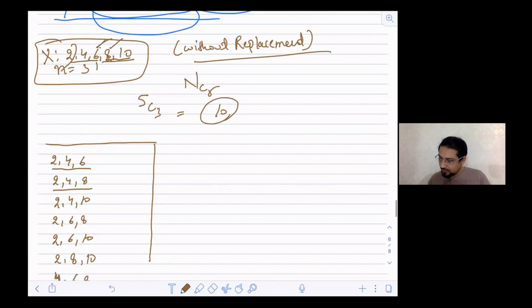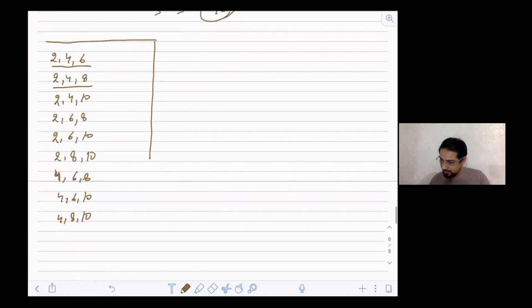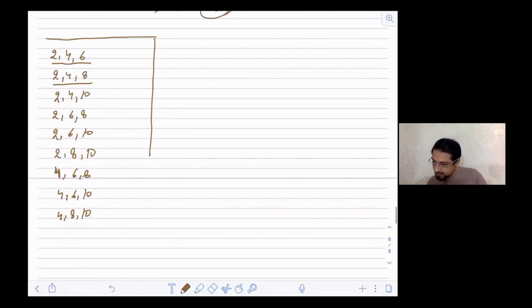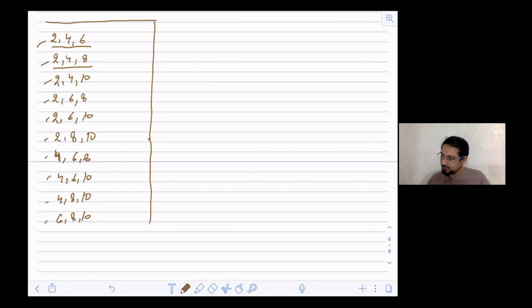And what is left? Only 6, 8, 10. So how many samples now? 1, 2, 3, 4, 5, 6, 7, 8, 9, 10. Okay, total 10 possible.